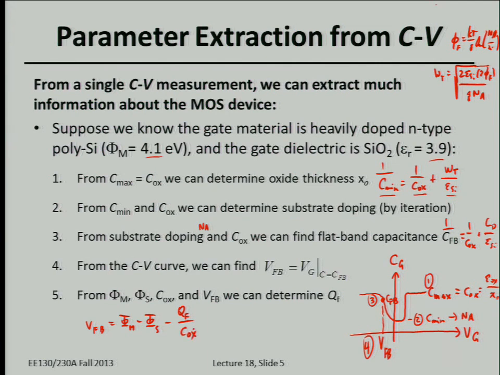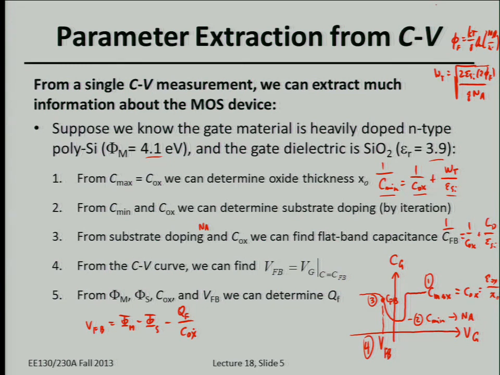So you've basically deduced from the flat band voltage, you know the gate work function, you know the semiconductor work function because you know the dopant concentration, and you know the oxide capacitance. So then you can figure out what the fixed charge density is.